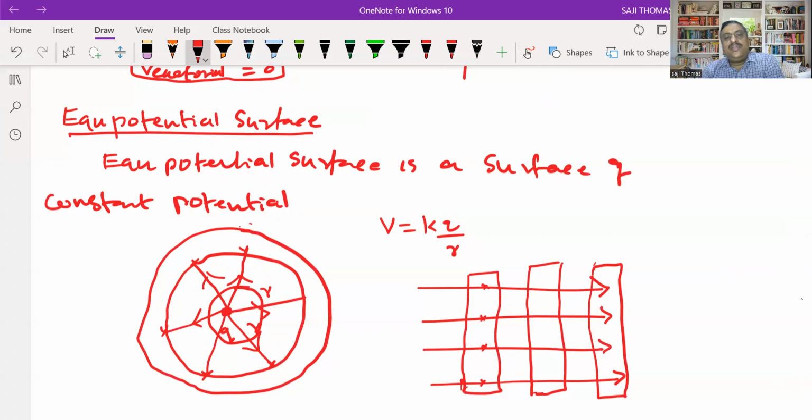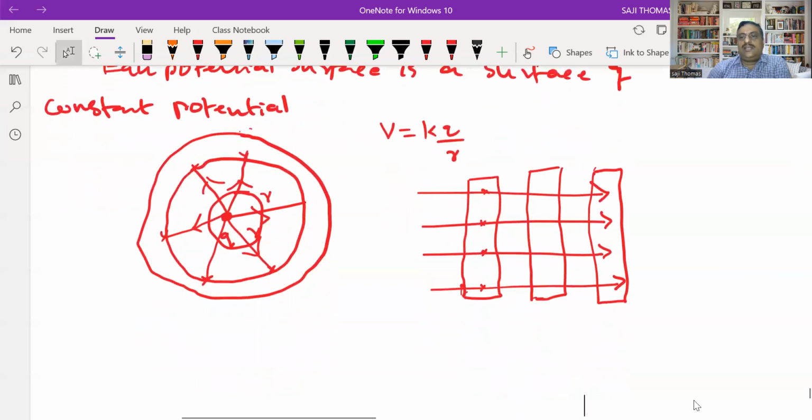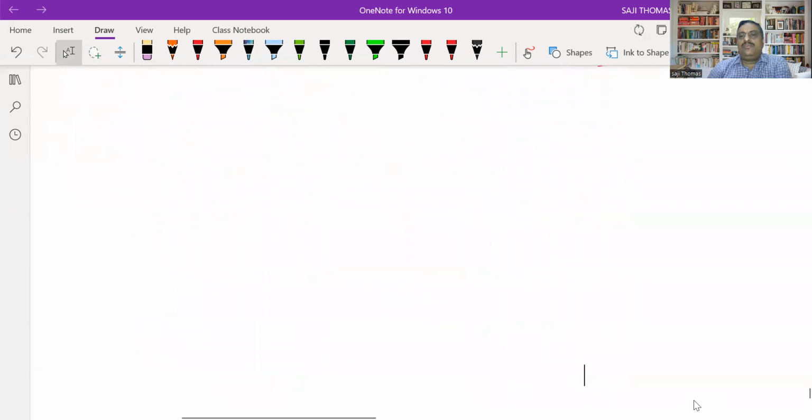Now we can draw the equipotential surface due to a dipole. How will you draw the equipotential surface for a dipole? A dipole is a system of two equal and opposite charges. So this is a negative charge and this is a positive charge.